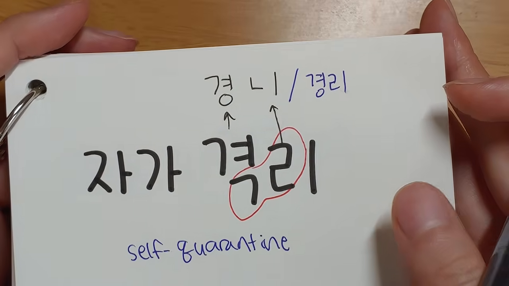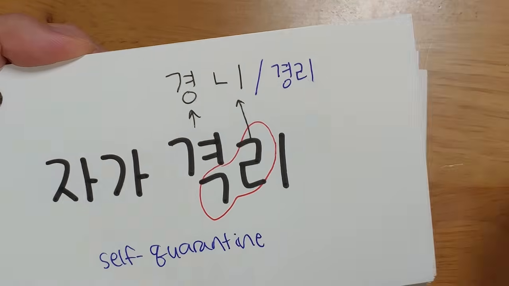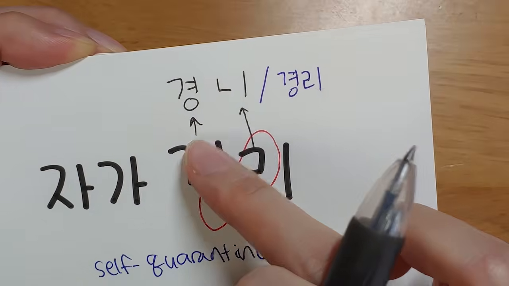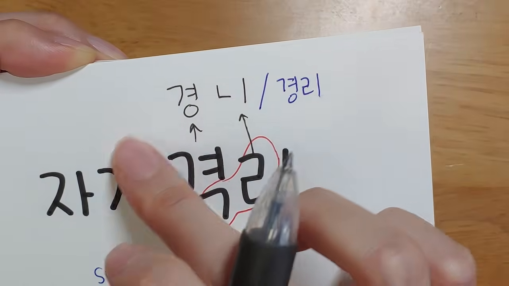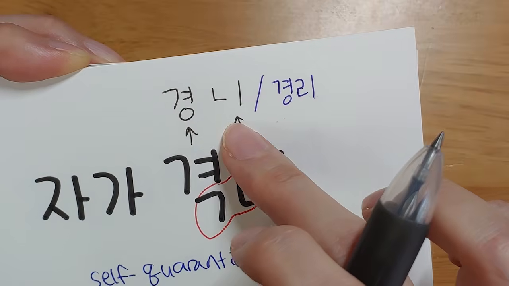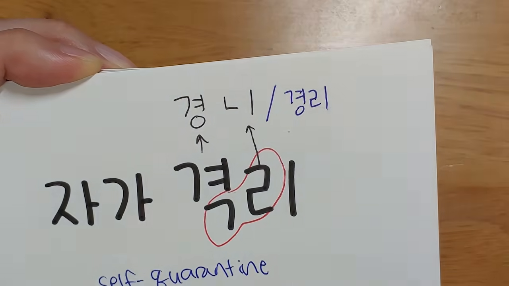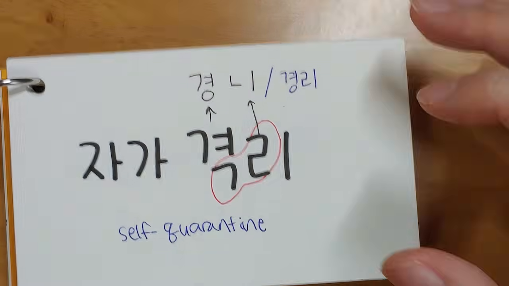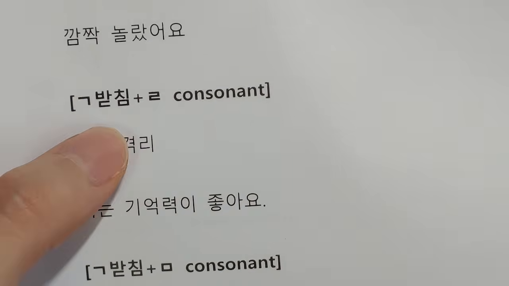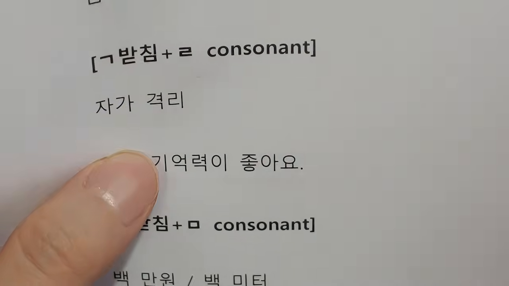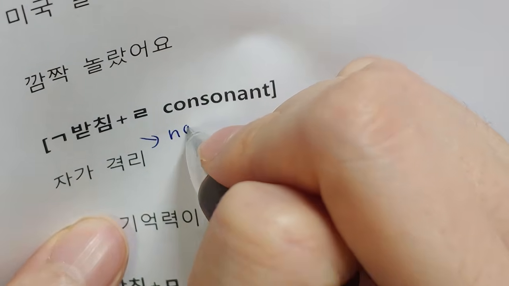Maybe because we're not really used to the 르 sound. I'm not sure. But if you try it yourself, you realize that 자가격리 is a lot easier to pronounce. It's cleaner. So when uk is combined with 르, this uk softens to 응, and 르 gets replaced with a 느 sound.